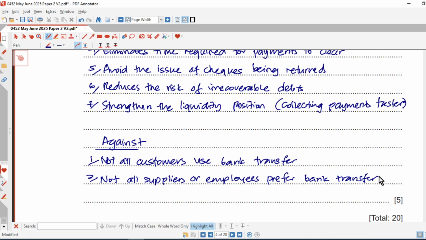So not everybody likes bank transfer. Some people like receiving cash. Maybe they need cash for some grocery purchase or something. Your employees, you never know. So some people may prefer cash. They would not really be in favor of receiving money via bank transfer.